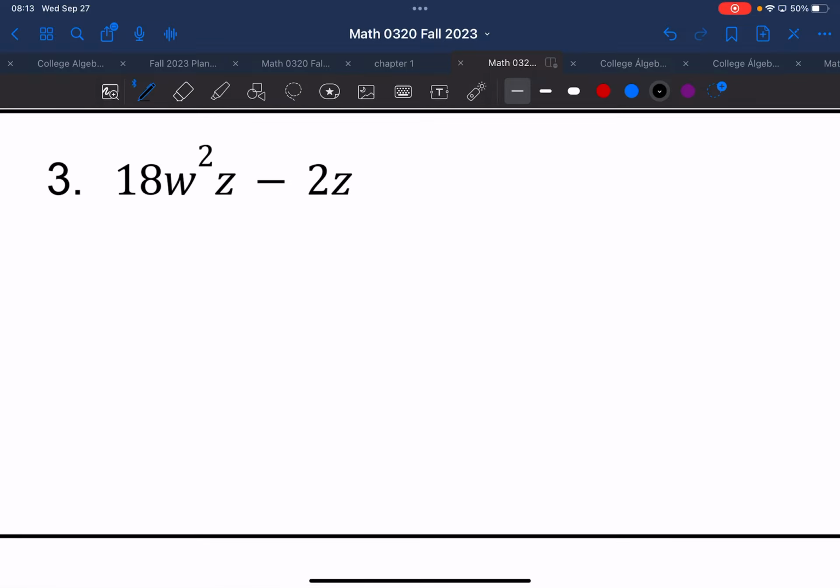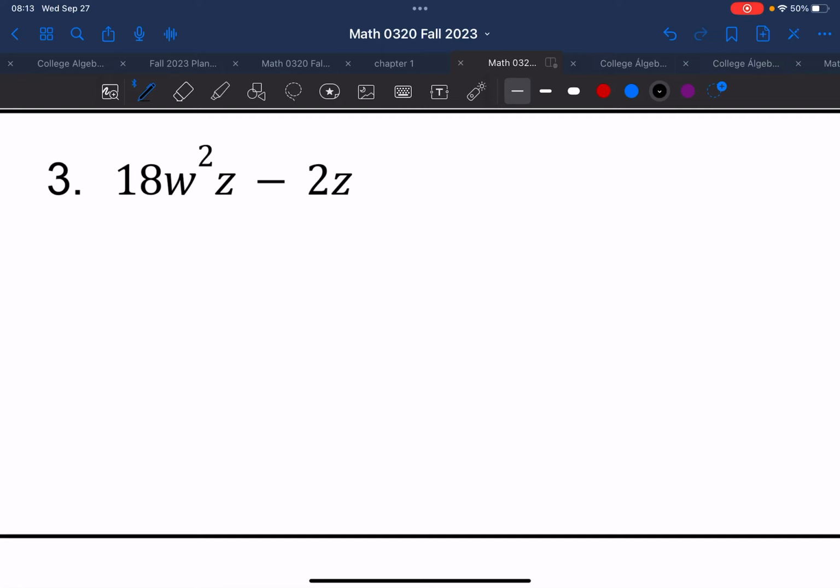So looking at number 3, right away we see what? 18 is not a perfect square. Good. 18 is not a perfect square. Anything else that we see that's not a perfect square? Z and what else? 2. So since none of this looks like it has any perfect squares in it, let's first see if we could take out a GCF.